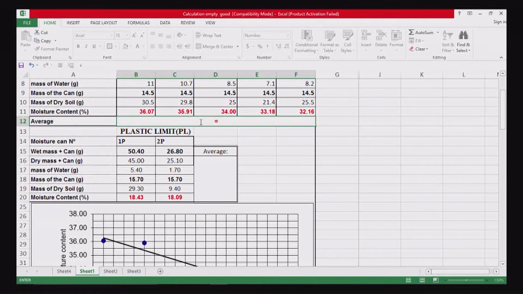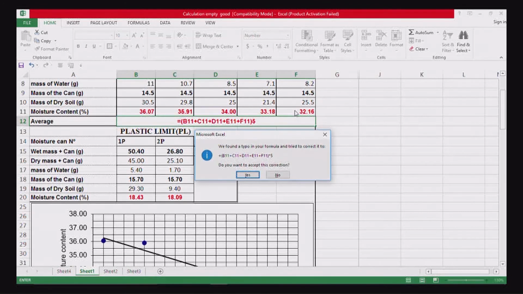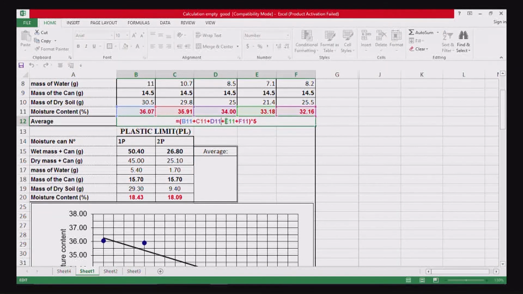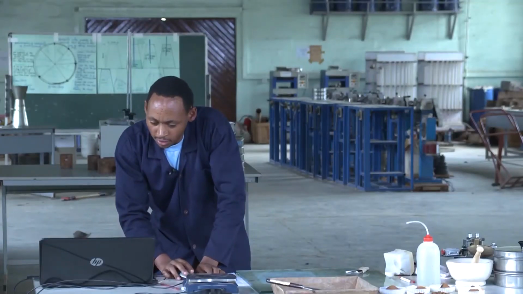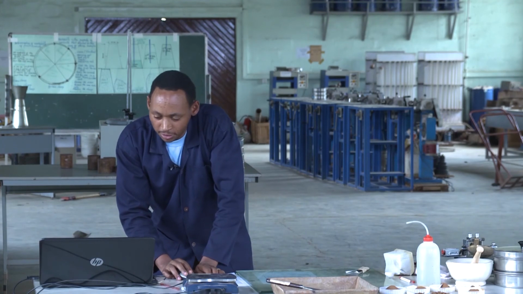Average equals the moisture content of the first one plus second plus this plus the last one, divided by the number of cans that have been taken. Here it is divided, not times. This is the average for liquid limit.